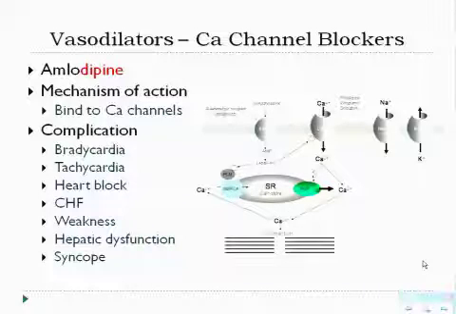Sometimes tachycardias will become evident because you'll actually cause a reentrant arrhythmia to take place. So WPW can be induced into an SVT and go into VTach possibly when you give verapamil to that individual. Congestive heart failure, weakness, hepatic dysfunction, and syncope can also occur with these agents, although more rarely.